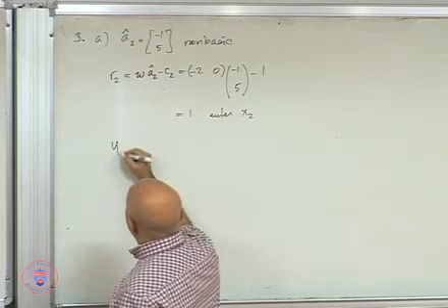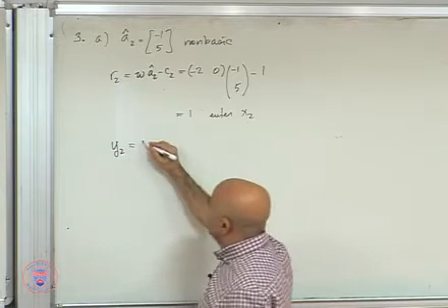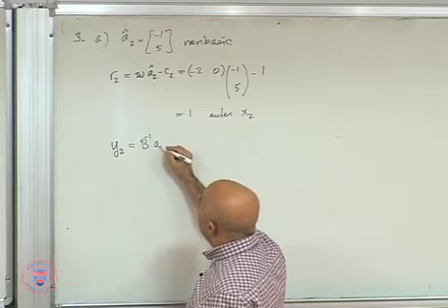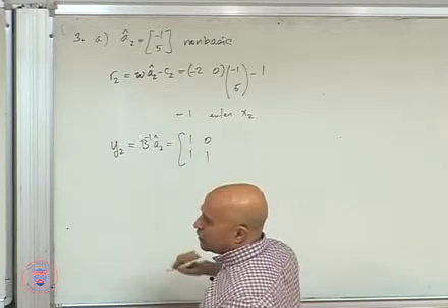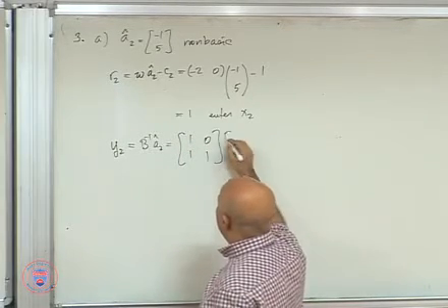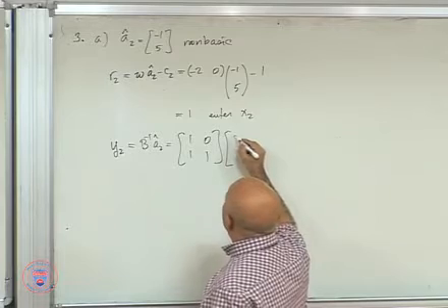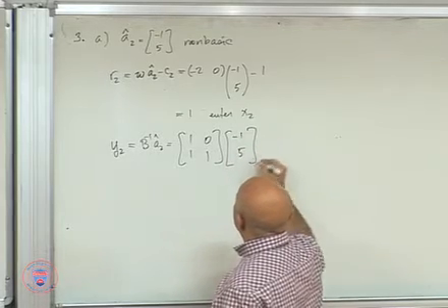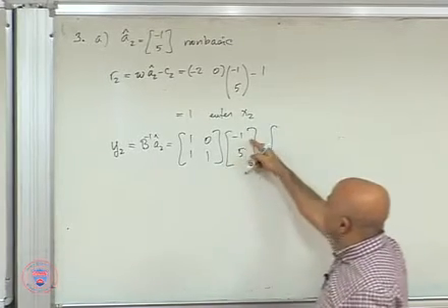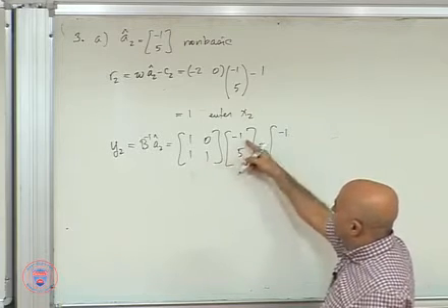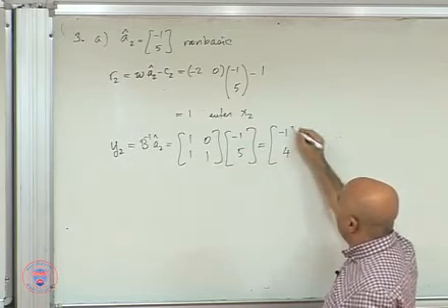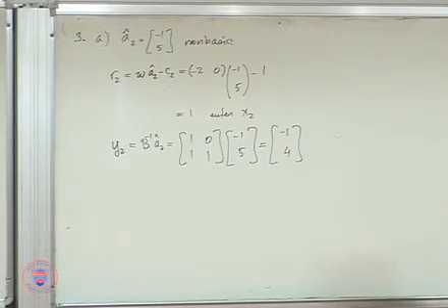And I need to compute also the y2 vector, which is B inverse times A2 cap, again 1, 1, 0, 1, from the old tableau, times minus 1, 5, which gives you minus 1 here, and minus 1 plus 5, so that's 4, okay? Gives you that.